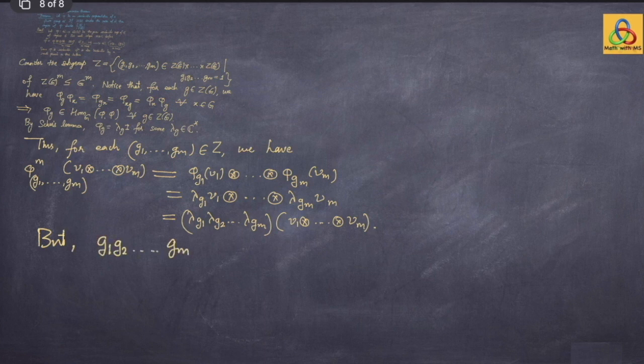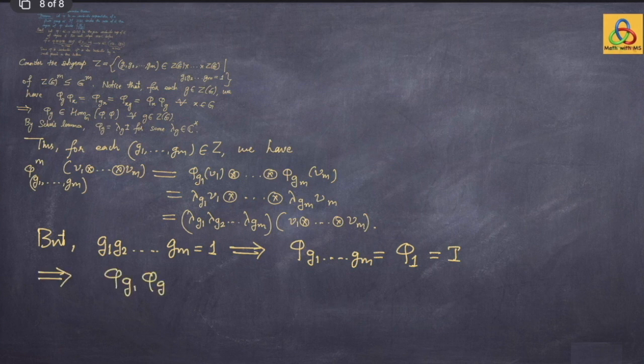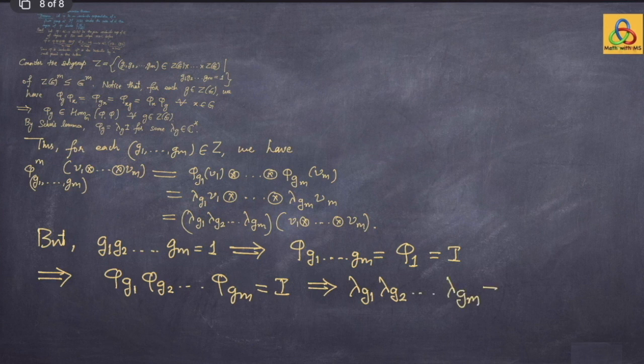Let us analyze what this complex number lambda g1 to lambda gm is. Notice that g1 g2 gm is 1 because I have picked this tuple g1 to gm from the subgroup Z, which implies that phi of g1 g2 gm is phi of 1, which is the same as 1. But phi is a homomorphism, so that implies phi g1 into phi g2 into so on phi gm is the identity operator, whereas each phi gi is scalar multiplication by lambda gi. Therefore we must have lambda g1 lambda g2 so on lambda gm equals 1.